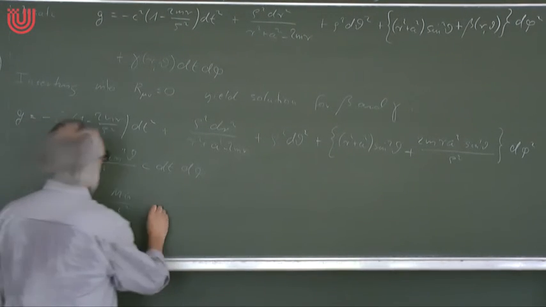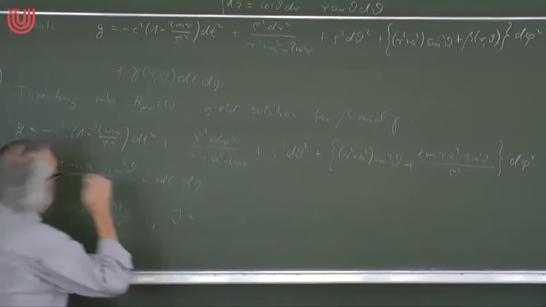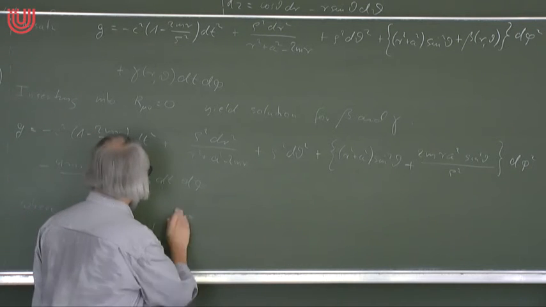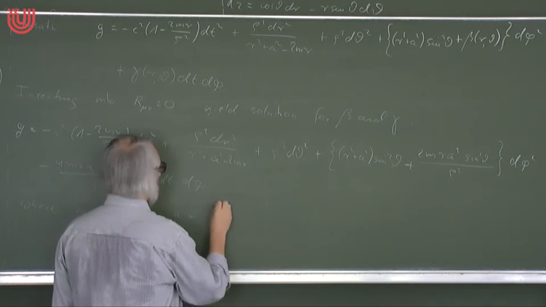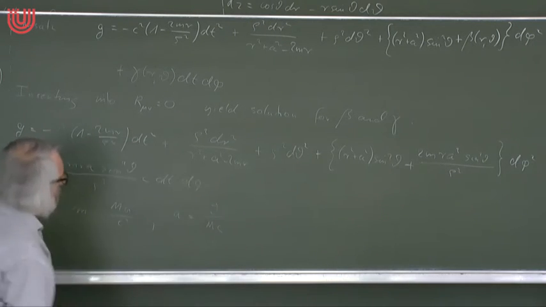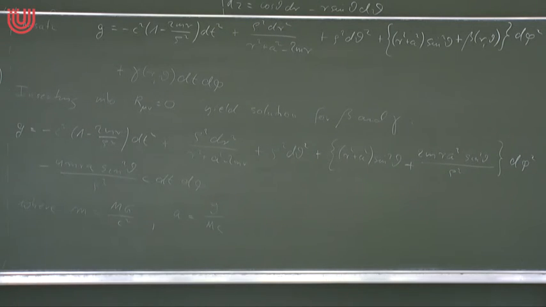And the a can also be compared, found out by an asymptotic analysis, but up to a numerical factor, it is clear from the dimension that this must be J over Mc. It could be a factor, I don't know, 2 or 4, but apart from this, it follows just from dimensional analysis.